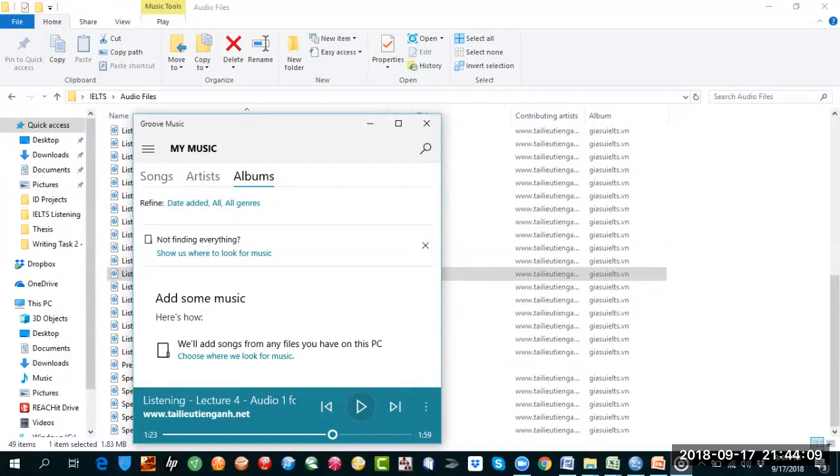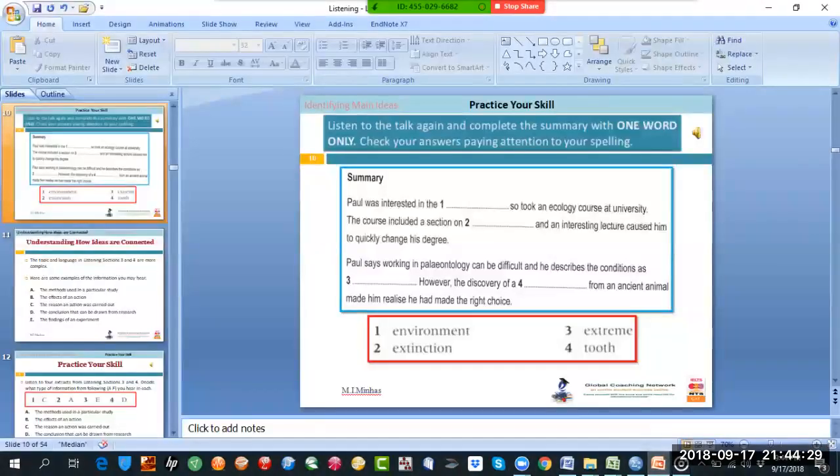But in the next sentence he will tell that, after some time, he realized that these are the standard conditions a paleontologist has to work in.